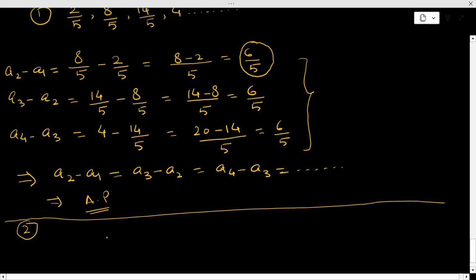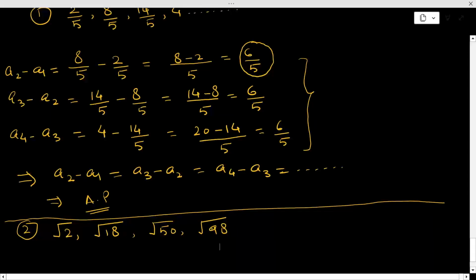Now let us discuss some more examples. Let us have another example. Here we are given square root of 2, square root of 18, square root of 50, and square root of 98.